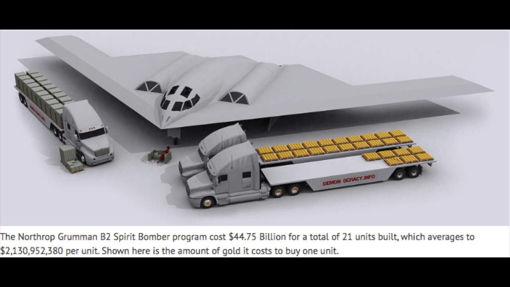Now remember, they built 21 units, and just to build one, that's how much gold it required. So that's all the cash to the left, that's all the gold to the right. So when a government announces it's building this or that, and it's going to cost X amount of dollars, when they say we built a jet and it cost us $2.1 billion, translate that in your mind into that image of gold there. It's about a semi-truckload and a half.